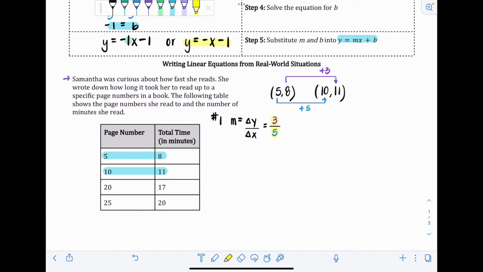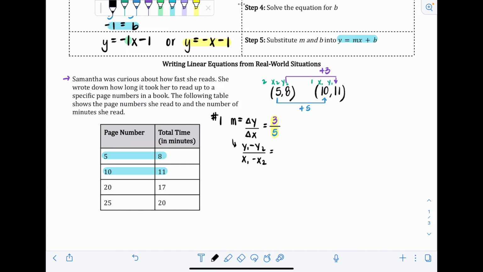Okay. And then just really quick, if you prefer the slope formula, I'm just going to do it off to the side so we get practice with both and you can decide which one you like more. In this case, I'm going to say this is my point 1 and this is my point 2. So this will be my x1, y1. This is my x2, y2, just so I can subtract from a bigger number. So the slope formula, y1 minus y2 over x1 minus x2.